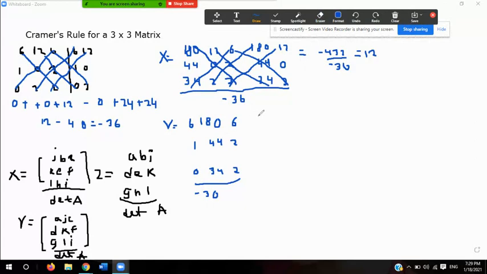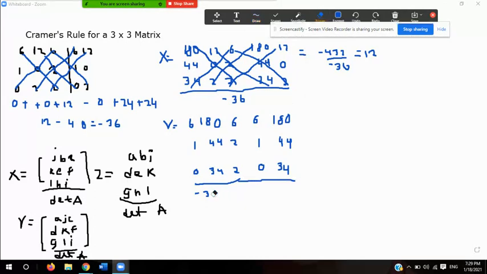So we know we have 6 and 180, 1 and 44, 0 and 34. And the determinant is actually negative 36.